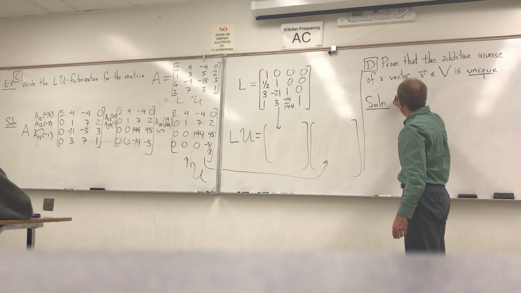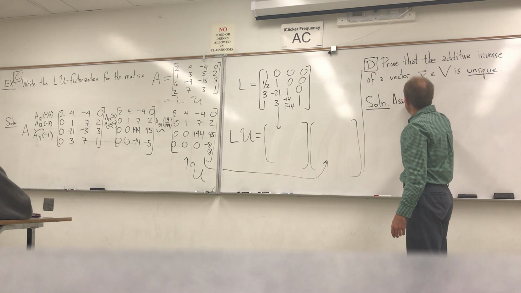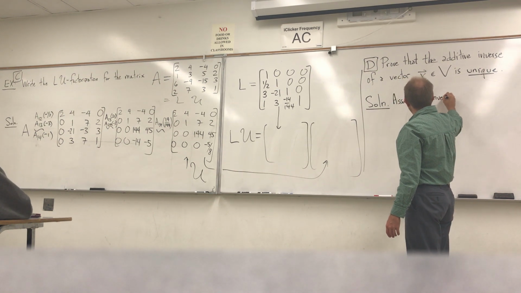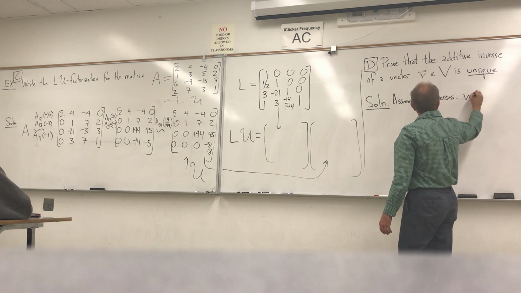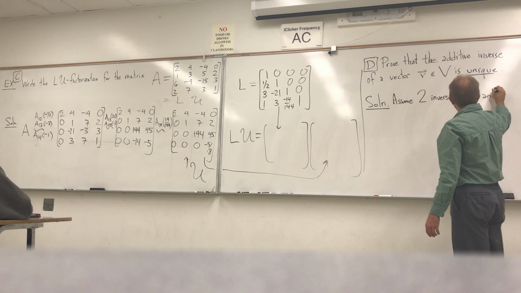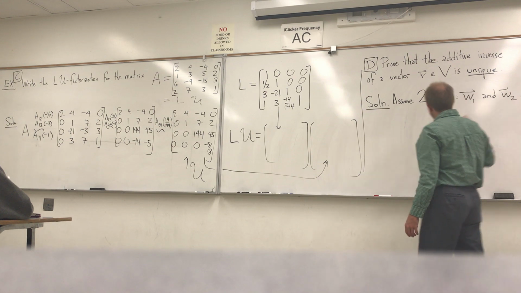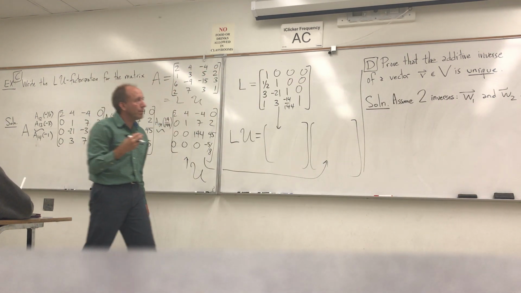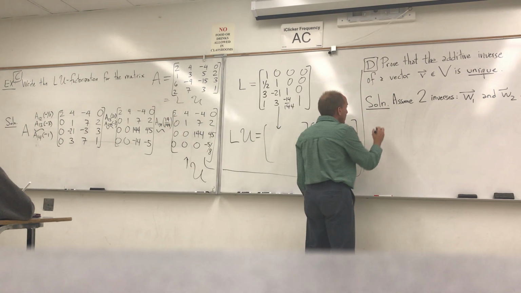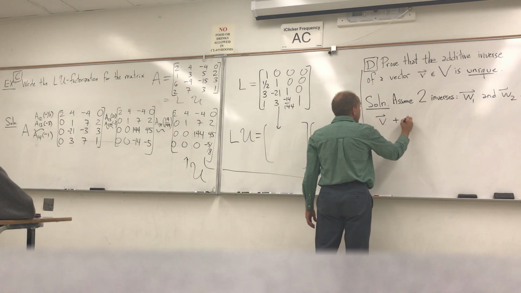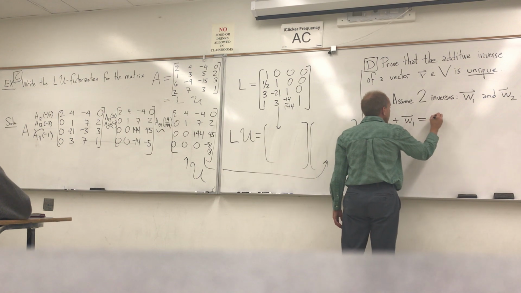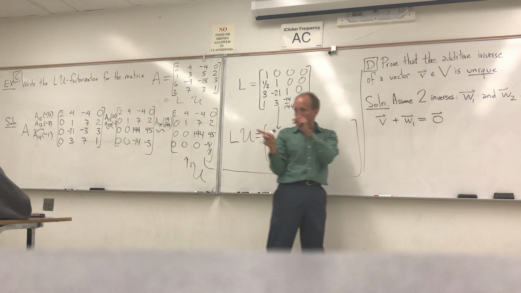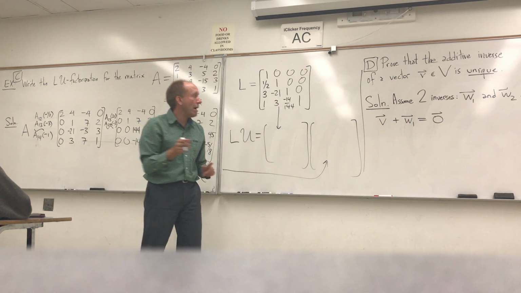We're going to assume 2 inverses. Let me call them maybe W1 and W2. Suppose we happen to have 2 inverses for V. So what does this mean? The definition of an additive inverse is that when you add the vector to its additive inverse, you have to get 0.